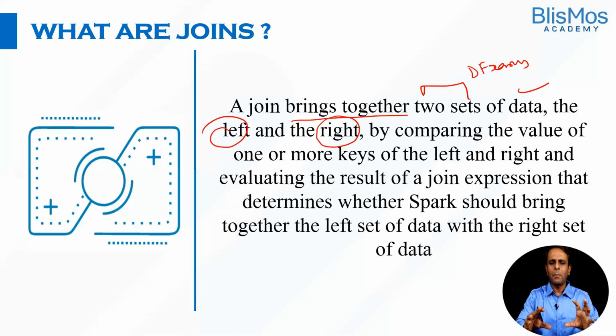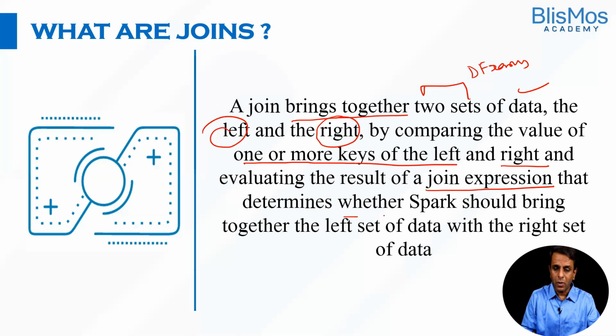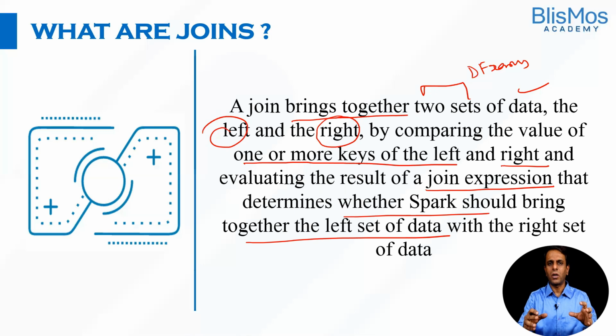What we do is compare the value of one or more keys of the left with the right, and we evaluate the result of a join expression which we have already given. That join expression determines whether Spark should bring together the left data records with the right data records. That's what a join is.